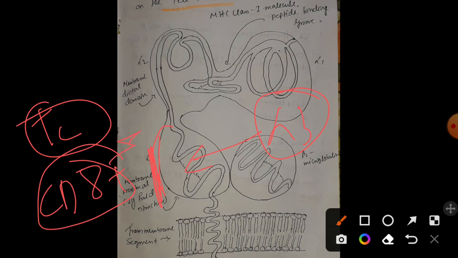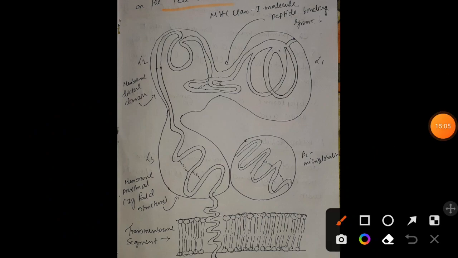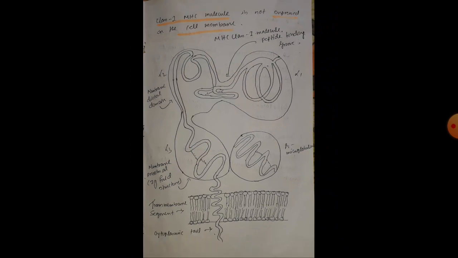So how important alpha 3 is, and that is the reason why it is conserved. That means after the antigen is loaded by MHC class 1 molecule, it will be presented to CD8 plus T cell with the help of alpha 3 also. So that is the overall idea.